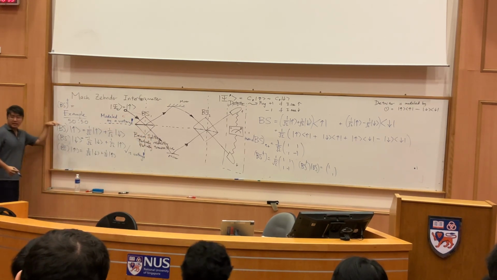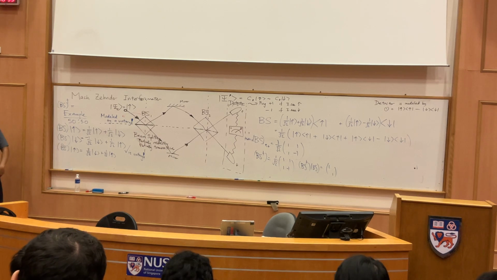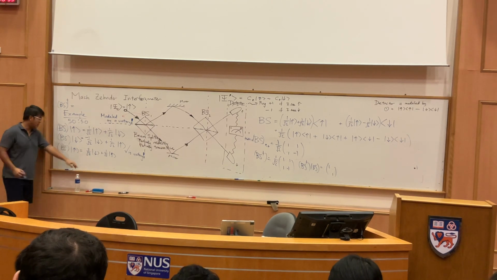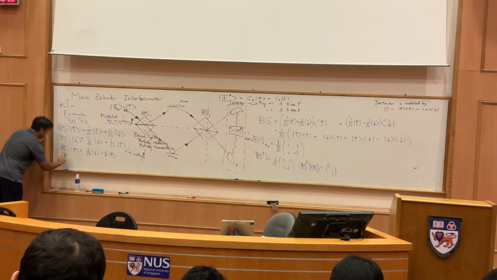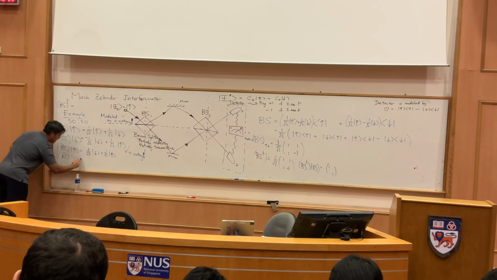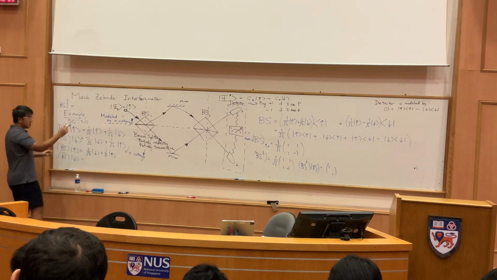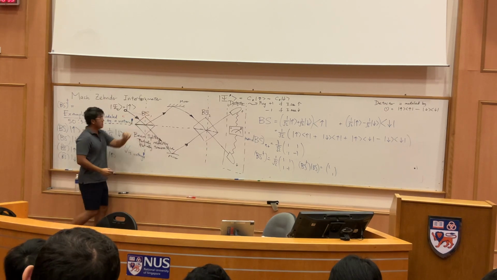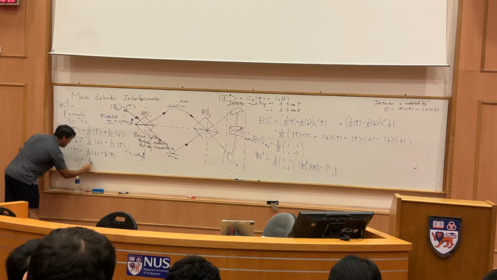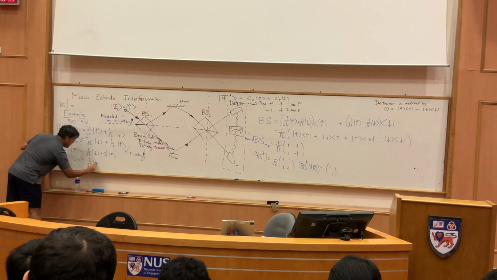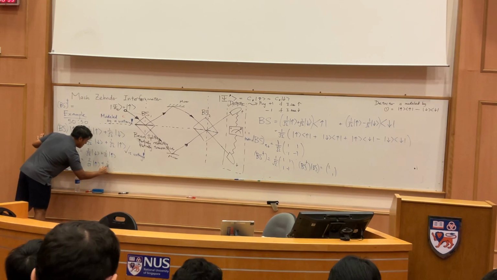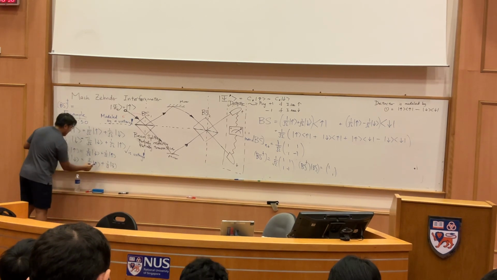So maybe I want to say that there's more transmission, and BS tilde would be, say, if I transmit from the bottom, I want it to go up, plus 1/3 down with a minus sign.